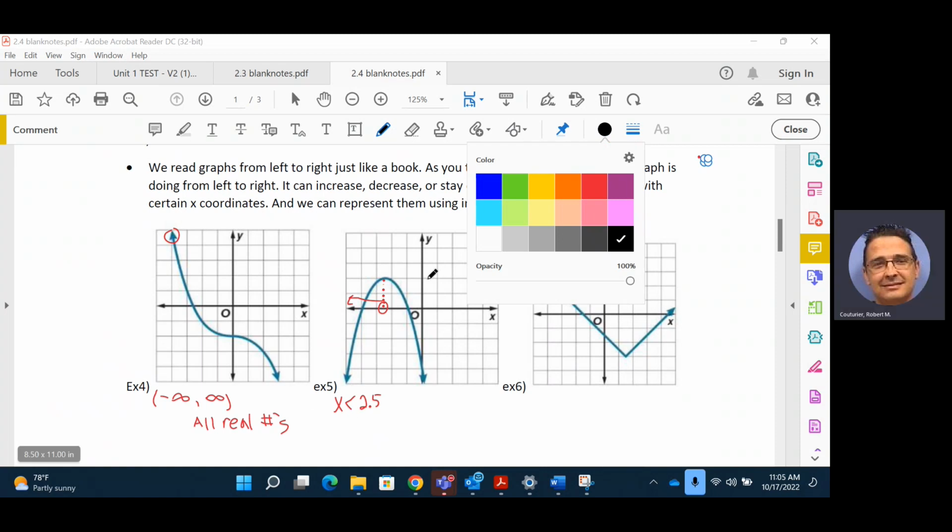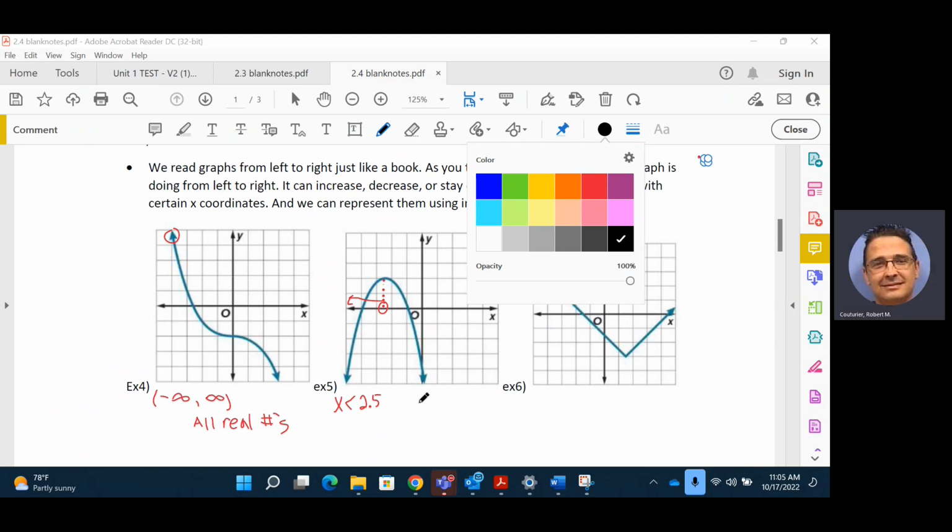All right, so this was our decrease. Now, if they want to say when it's decreasing, same thing. Look, where is our change? Our change on our x-axis is happening right here at 2.5. And it starts decreasing forever and ever in this direction.